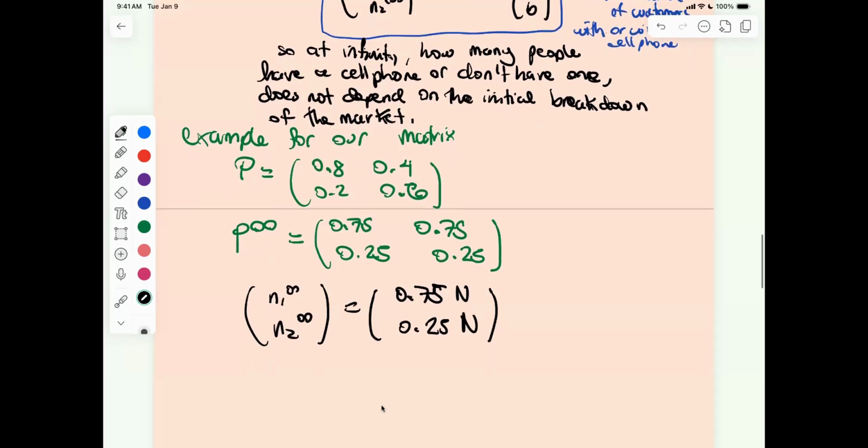Capital N, because we're just taking that as N, right? The way I wrote it, S1 and S2 were the initial states, N1 and N2 were how many people you started with in each state, and capital N was the total number of people, which remains the same throughout the problem.